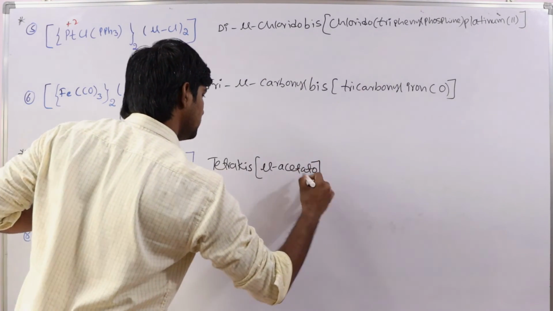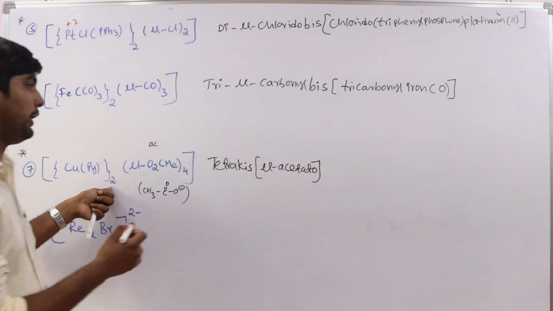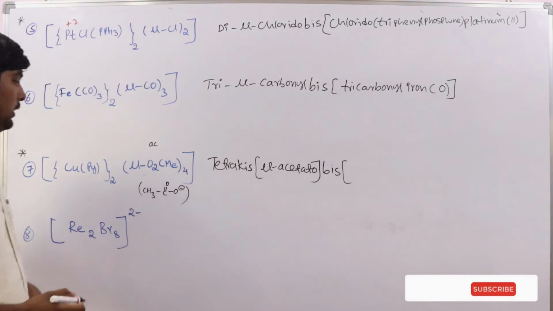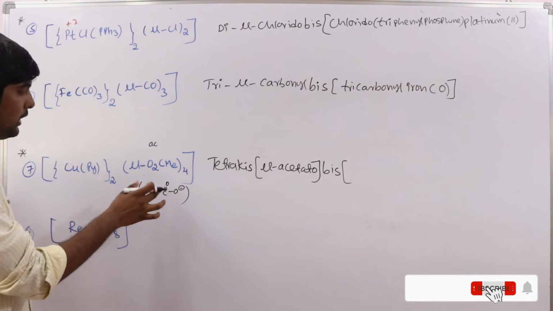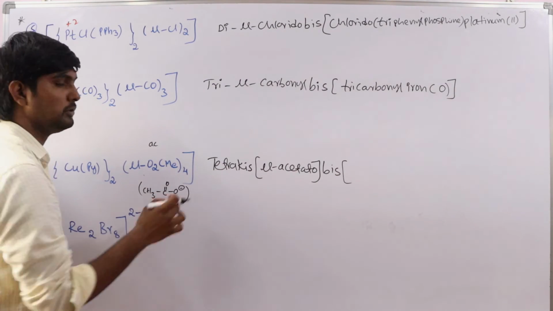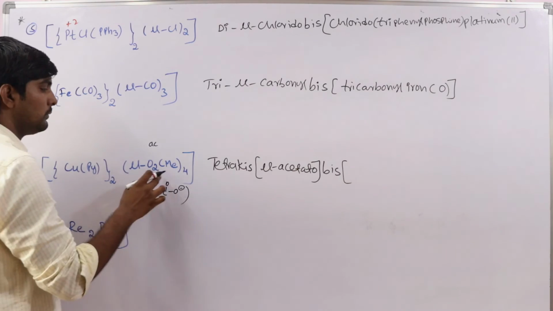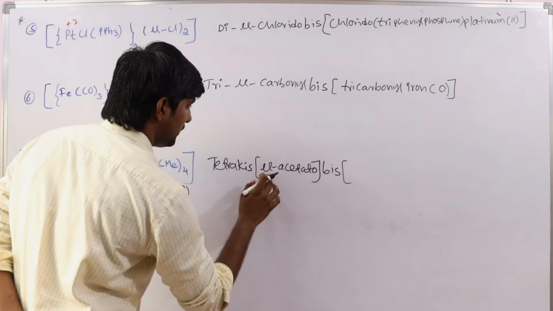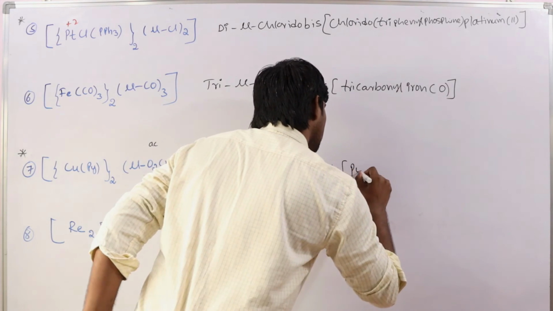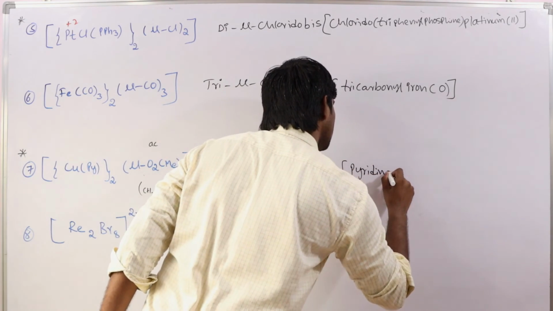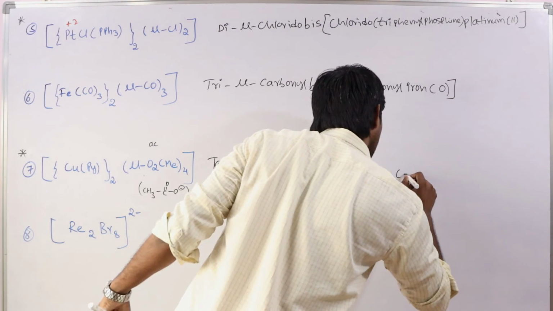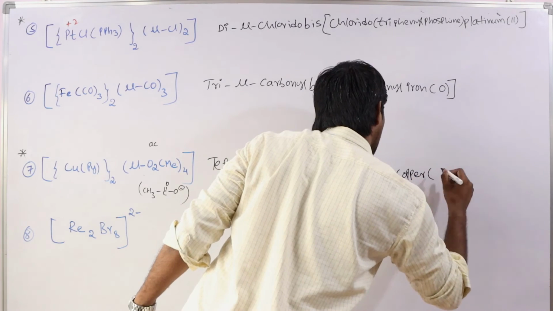Next, see this unit is repeating 2 times, so that's why bis. The bridge ligand is repeating 4 times and is a bulky ligand, so we use tetrakis, not tetra. The name of the ligand is acetato, so mu acetato. Then bis pyridine copper.